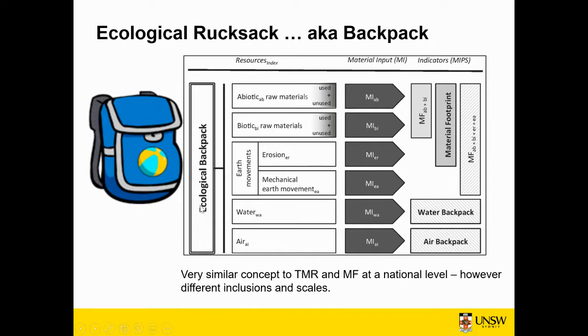And in this case, they also do separate indicators for water and air, like a water backpack, or an air backpack. So as we said, similar to total material requirement and material footprint. The material footprint will be more or less around here, or maybe here, depending on what you include as raw material extraction, but mostly will be here. Total material requirement will be somewhat around these four scopes here.